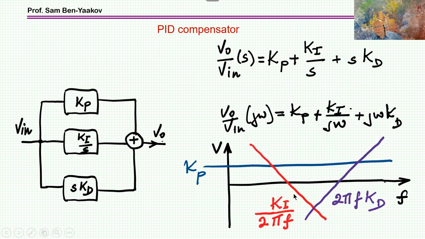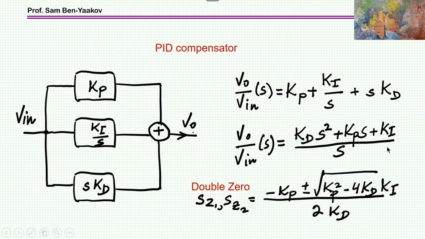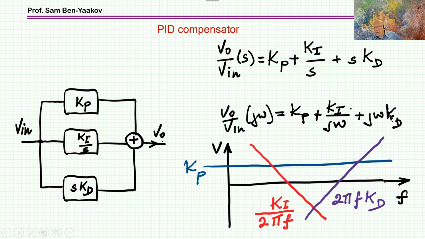Now, if you plot it, there are two ways to plot it. You can plot it like this. So you'll have a zero integral, so it'll go zero integral and zero. Or what I'm doing, I'm plotting each part by itself, okay? So the KP is this, the integral is this, and the derivative is this.